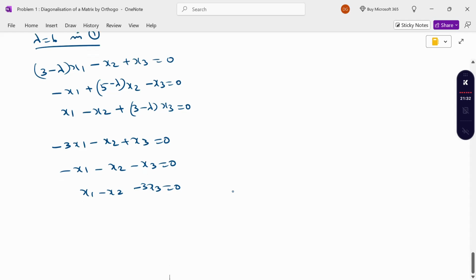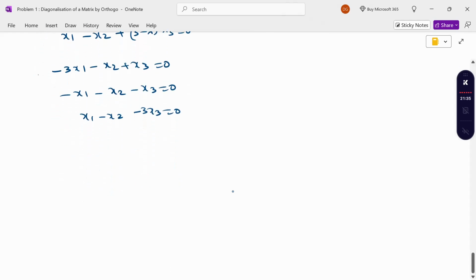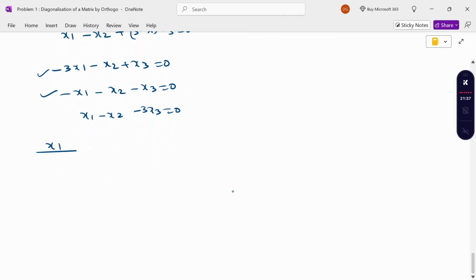So now you look at this, choose any two equations. When I selected 2, x1, x2, x3. So when x1, 1 plus 1, x2, 3 plus 1, then x3, 3 minus 1.